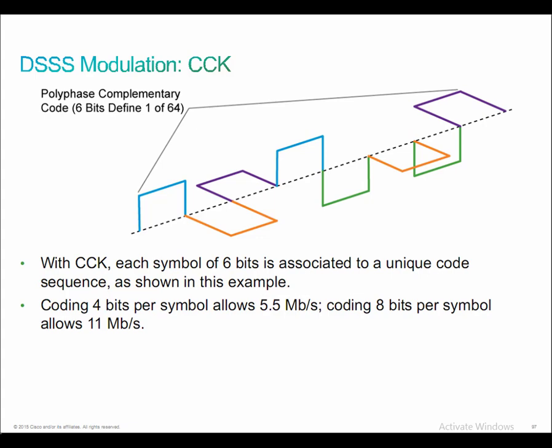Each symbol is a combination of phase changes that use the DQ-PSK that we talked about before. So we have 4 angle rotations of 90 degrees. Each symbol is unique, and it's represented by a sequence of phase shifts. You can see it listed here.